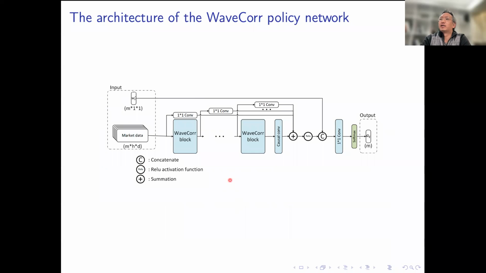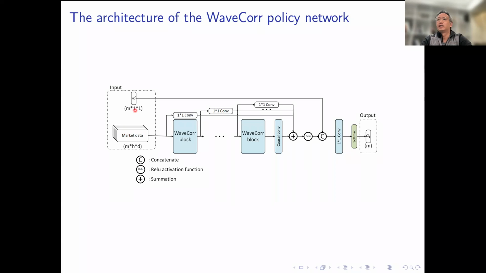So I don't think I will have time to go through the details of the network structure, but just to show you, we have the market data, which is a tensor with m assets, h time periods, and d different features such as high price, low price, closing price.